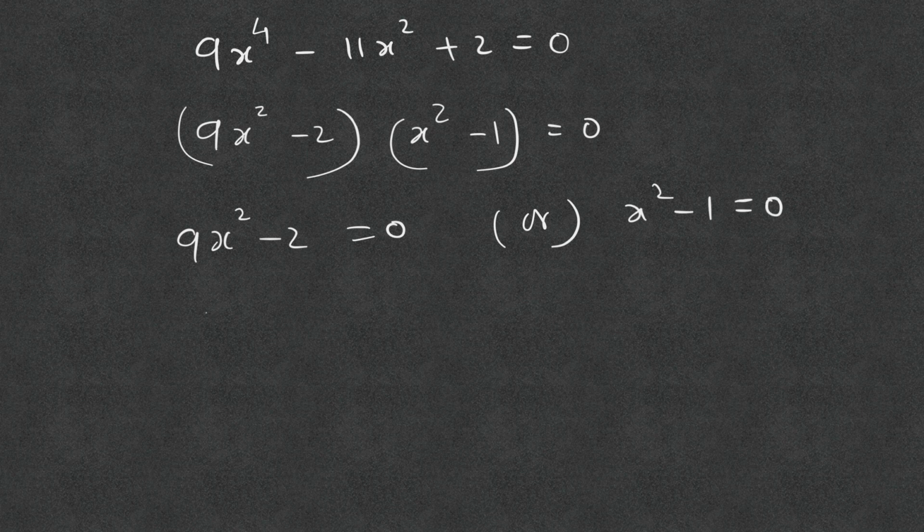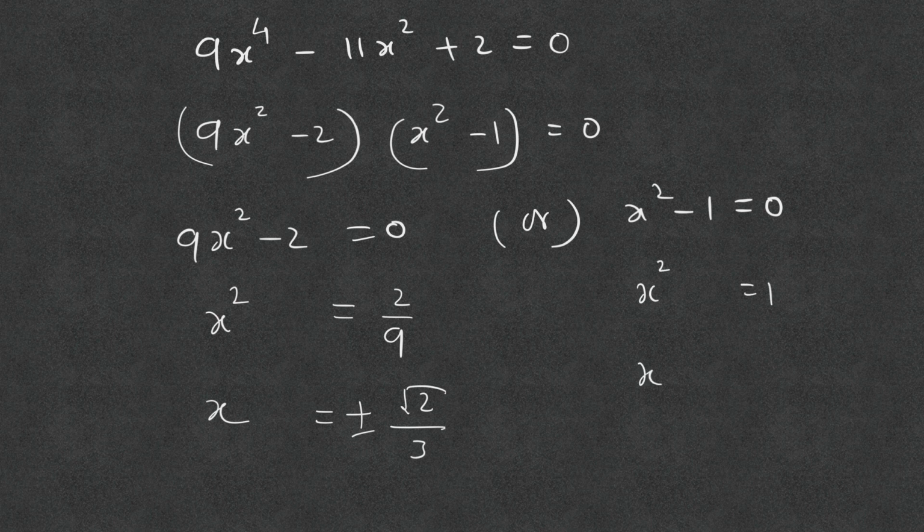Which means x squared equals 2 over 9, which means x equals plus or minus root 2 over 3. And from here, x squared minus 1 equals 0 gives us x squared equals 1 and x equals plus or minus 1.